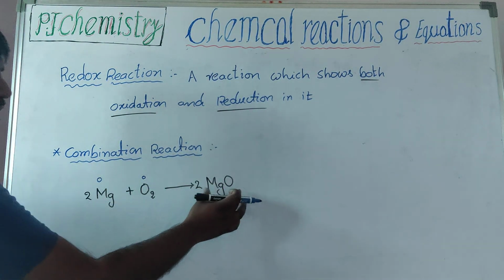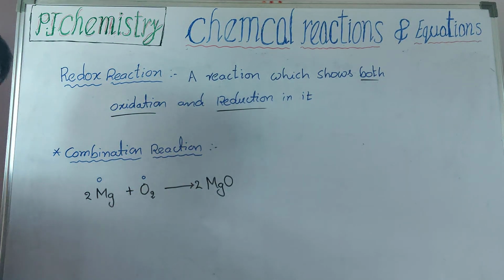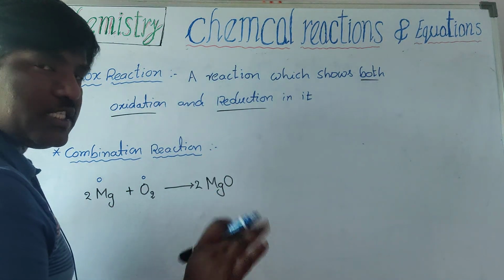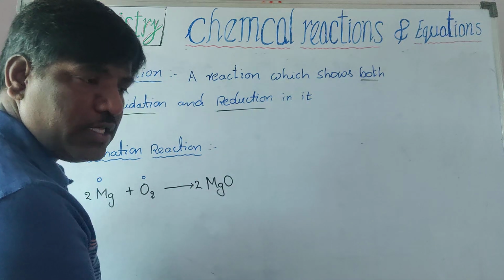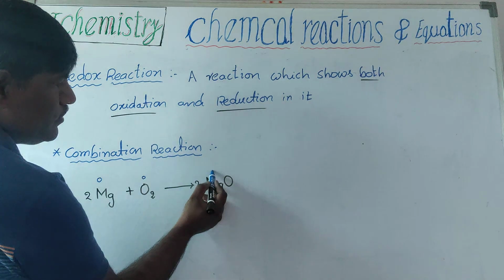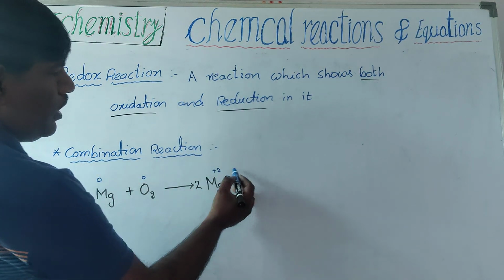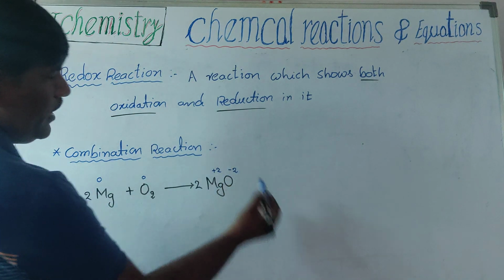After the reaction, these both are combined. When bond formation happens, to get stability, magnesium loses 2 electrons and oxygen gains 2 electrons. At that time it forms charge. Magnesium lost 2 electrons means plus 2, oxygen gained 2 electrons means minus 2.